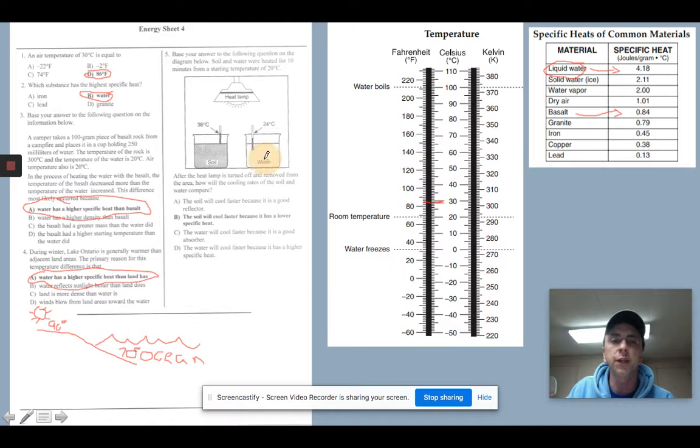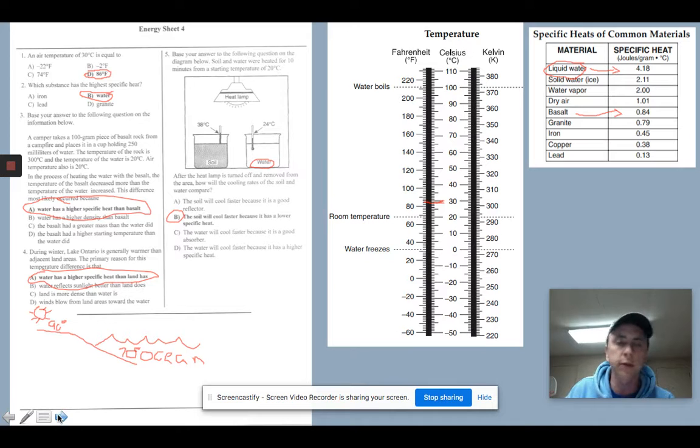And remember, we said liquid water has the highest specific heat of anything on Earth. Therefore, it's going to put up more resistance to lowering its temperature. So the soil will cool down faster because it has a lower specific heat. That is choice B.